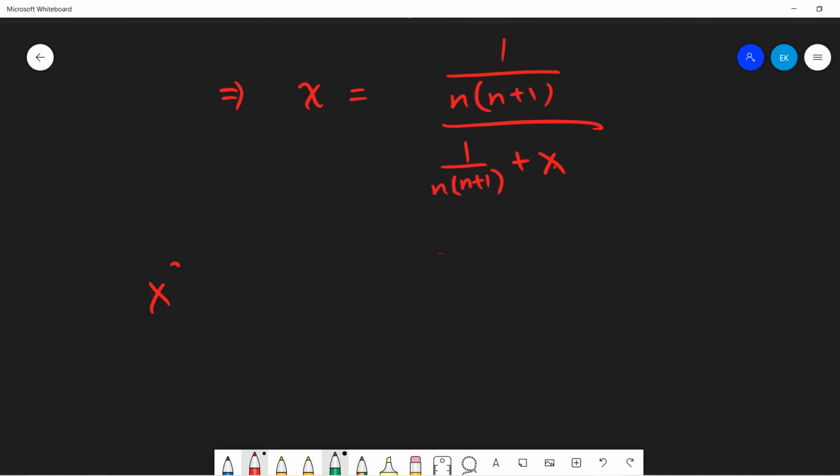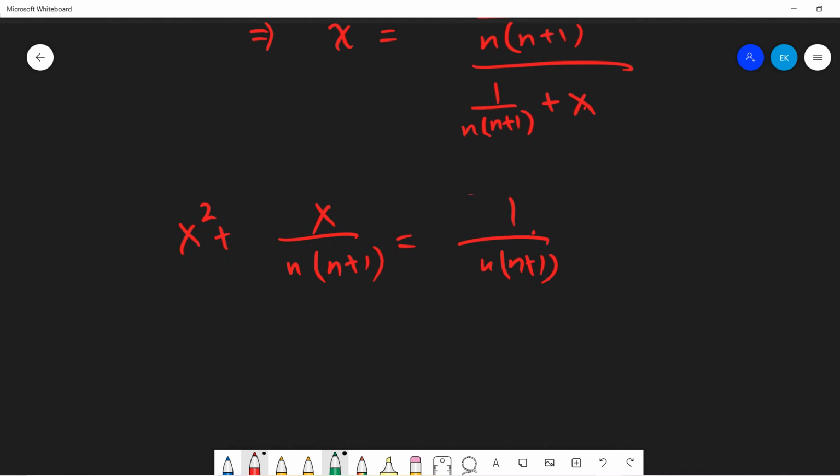So multiply by x squared. Let's directly solve it, so multiply by n plus 1. Okay, so it's this one.